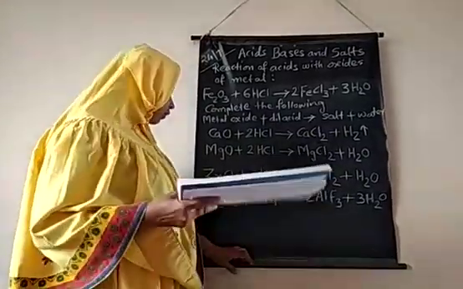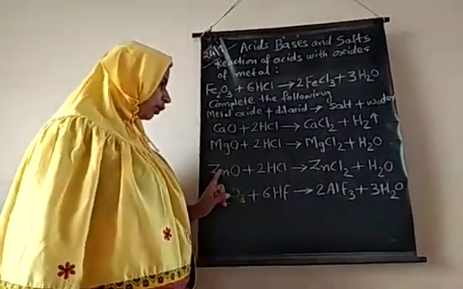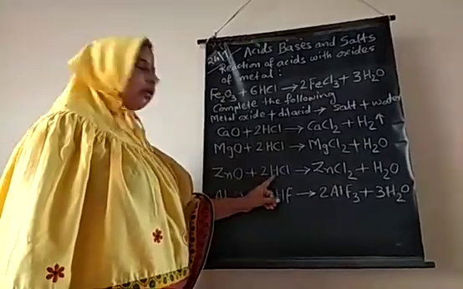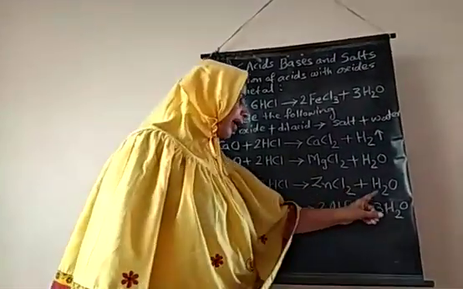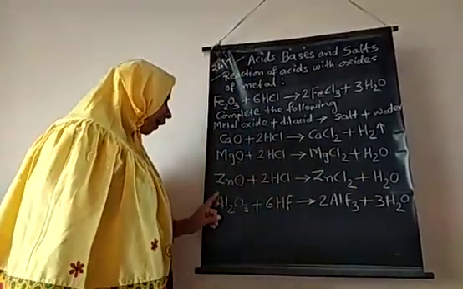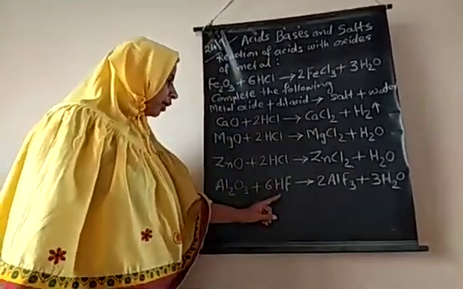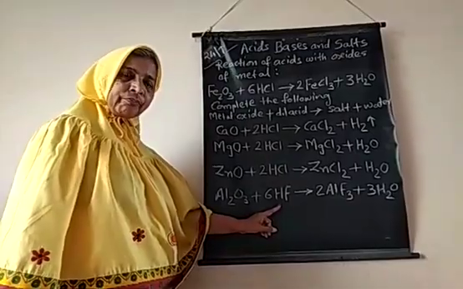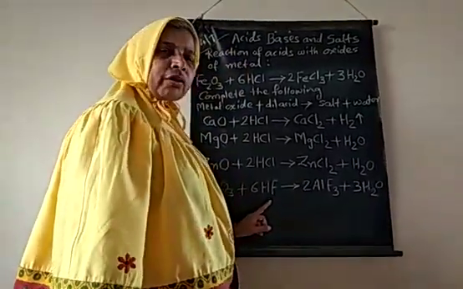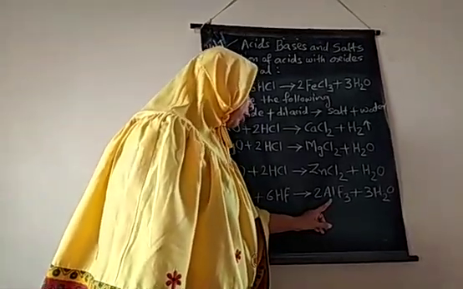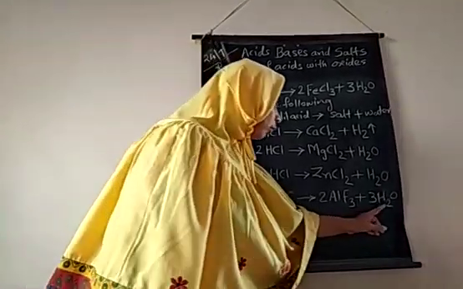Then ZnO, that is zinc oxide. Zinc oxide, when it reacts with dilute hydrochloric acid, forms zinc chloride and water. Aluminium oxide, when it reacts with hydrogen fluoride, which is also a type of acid, forms aluminium fluoride and water.